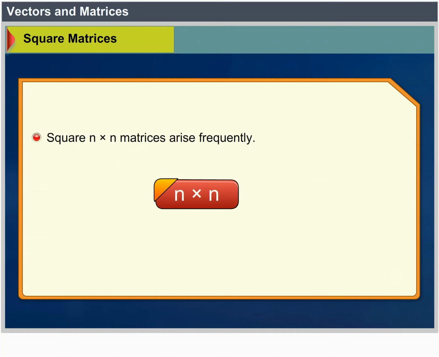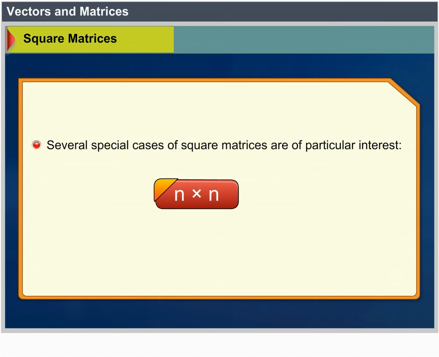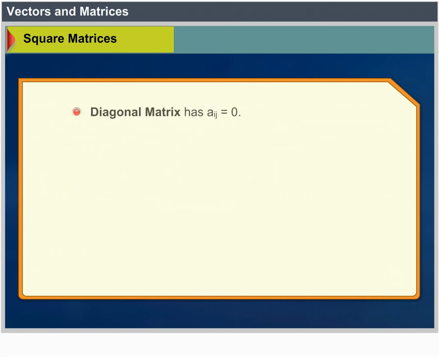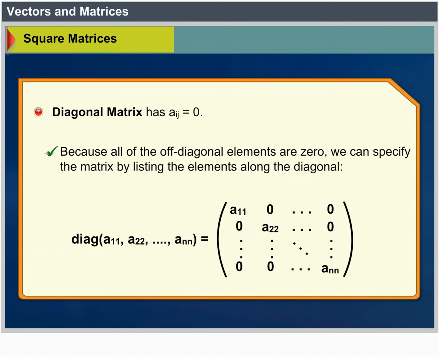Several special cases of square matrices are of particular interest. Diagonal matrix has a_ij = 0 for i not equal to j. Because all of the off-diagonal elements are 0, we can specify the matrix by listing the elements along the diagonal. The example for a diagonal matrix is shown here. Identity matrix.